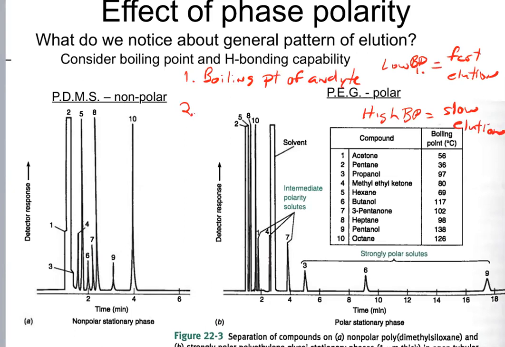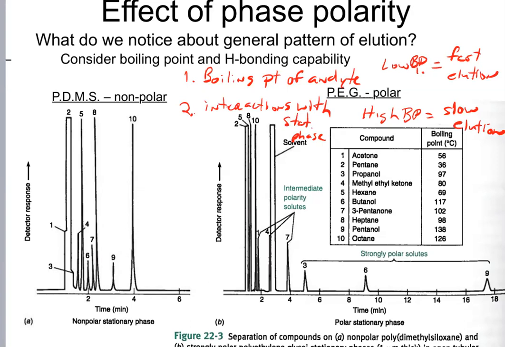But the second thing that can affect the speed or rate at which a molecule moves through our tube is, of course, going to be our interactions with the stationary phase. Now, as our analyte has stronger and stronger intermolecular forces for the stationary phase, dipole-dipole type forces, right?